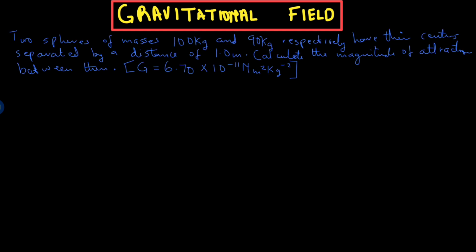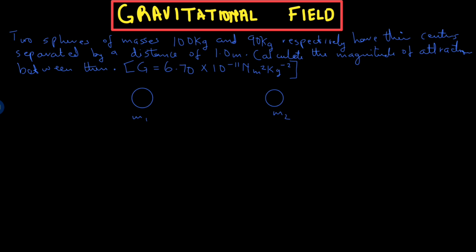Now here is a question on your screen. Two spheres of masses 100 kg and 90 kg respectively have their centers separated by a distance of 1.0 meters. Calculate the magnitude of attraction between them. Based on the equation we talked about earlier, let's represent those two masses M1 and M2.